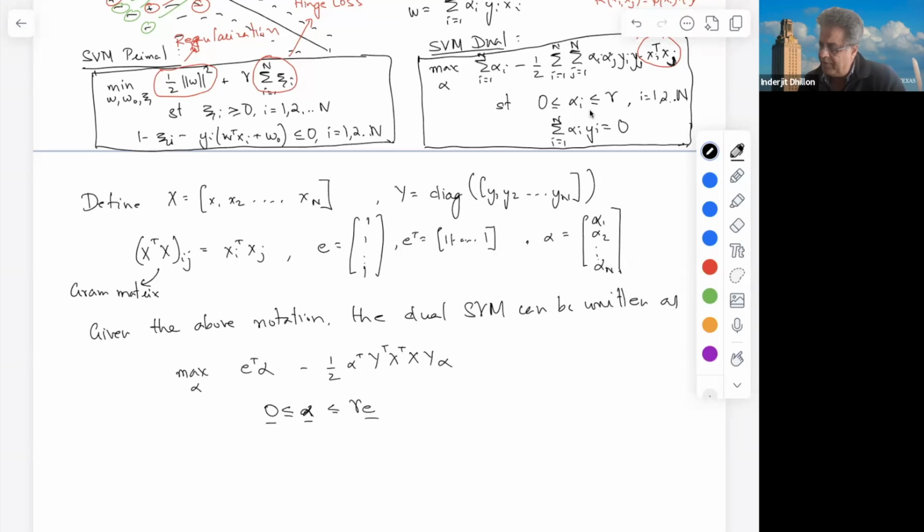And then alpha transpose y equals 0. So I've just written things very compactly. And if I further write this matrix as Q, this becomes equal to E transpose alpha minus 1/2 alpha transpose Q alpha.